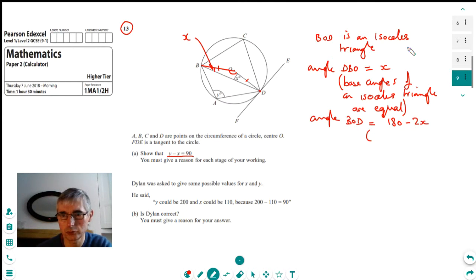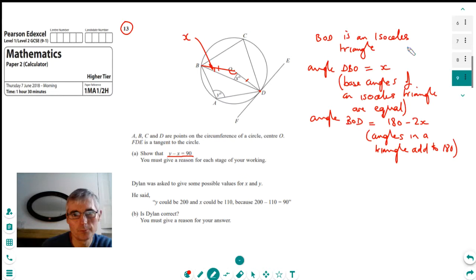And again, putting our reason in brackets: angles in a triangle add to 180. Okay, so we've got the angle here.